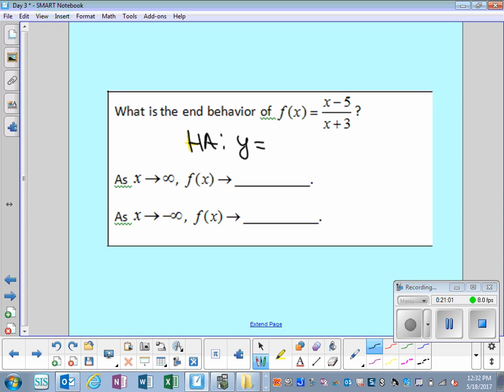Looking at this function, 1 over 1. The highest exponent is 1 in both numerator and denominator, and the leading coefficients are 1, so 1 over 1 equals 1. Since this is my horizontal asymptote, we remember, for the right and left end behaviors, this will be 1 in both cases. Also can look at the graph. Doesn't hurt to double check.